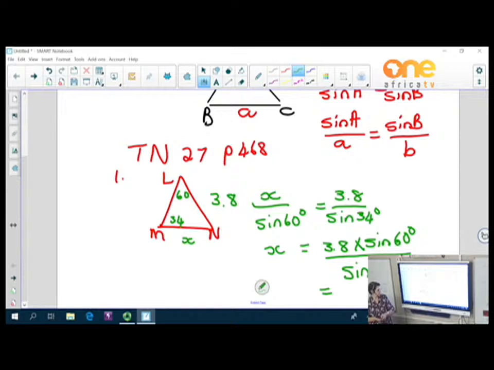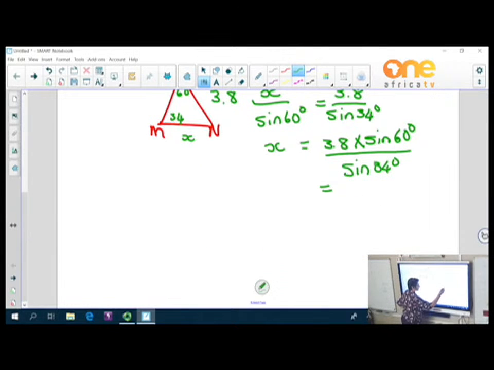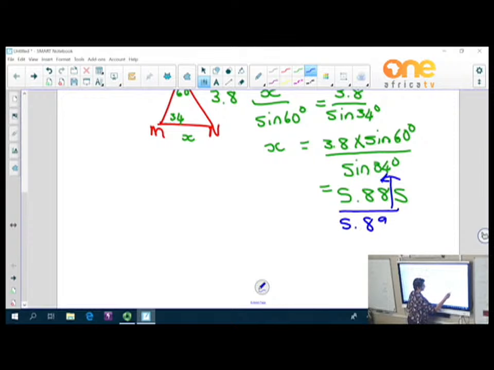So 3.8 times sine 60 degrees divided by sine 34, and I got 5.885. It's also important that we look at the rounding. Sides are going to be rounded to 3 significant figures. Will the 5 influence the 8? Yes, and it becomes 5.89.